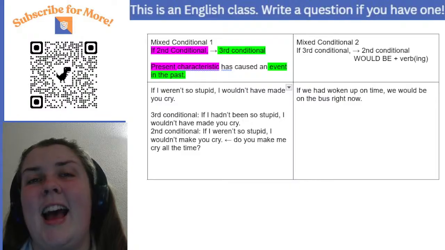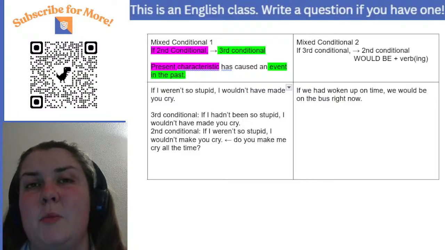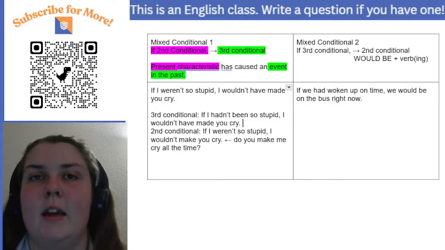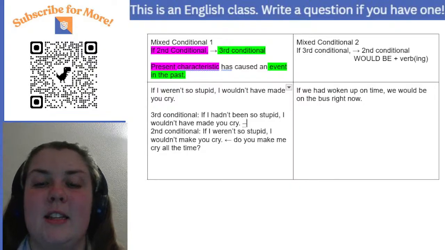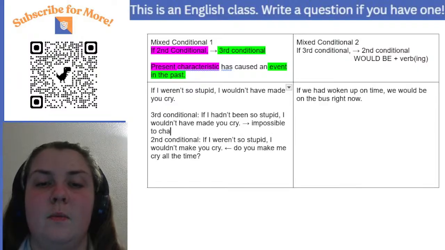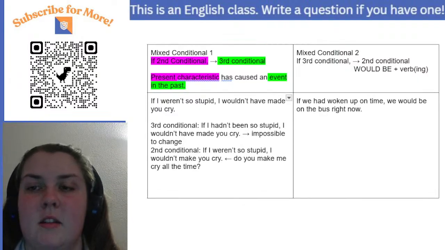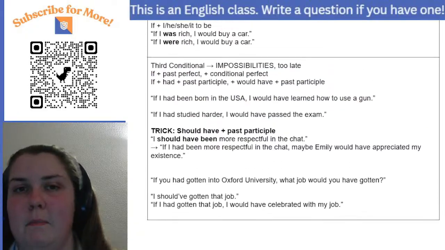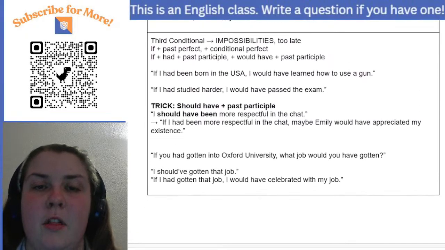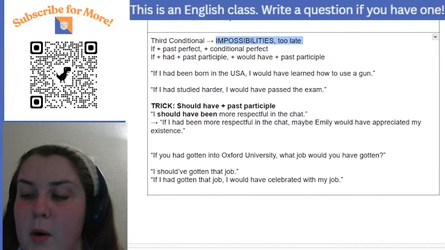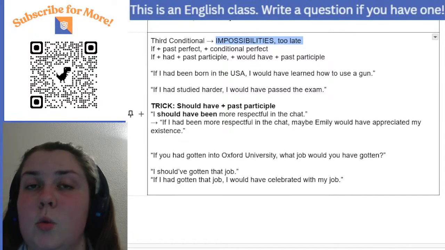So, as you can see, this type of third conditional is actually fine because I'm saying that if I hadn't done that specific thing in the past that upset you, then you wouldn't have gotten upset. So I'm saying that it's impossible to change this fact of the past that also affected something bad in the past. So if we go back to the third conditional, we said that these are impossibilities because something is too late.